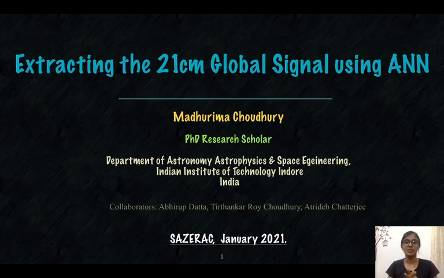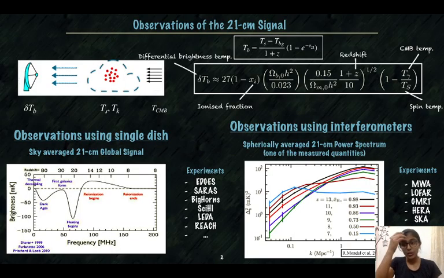So I'll be talking today about a method to extract the 21 centimeter global signal using artificial neural networks. Another observable quantity in 21 centimeter experiments is the differential brightness temperature delta Tb. This delta Tb is essentially a measure of a contrast between the CMB temperature and the spin temperature.